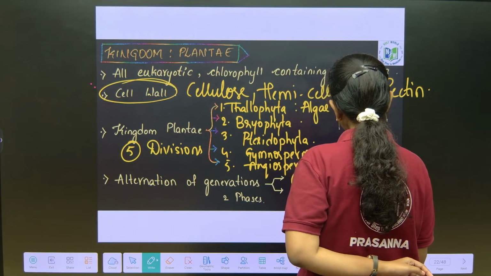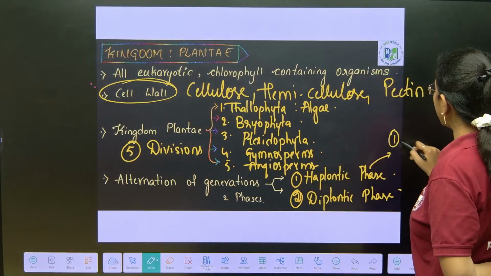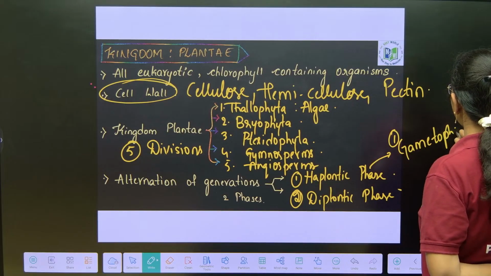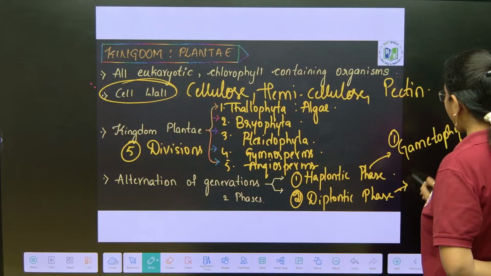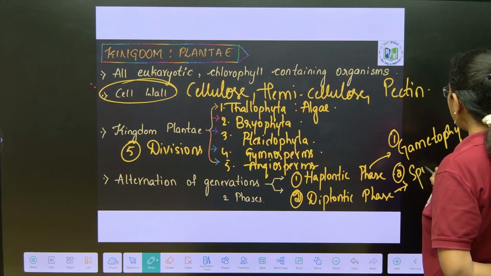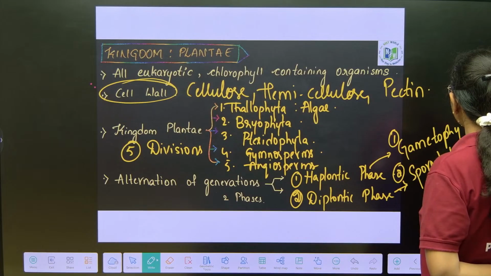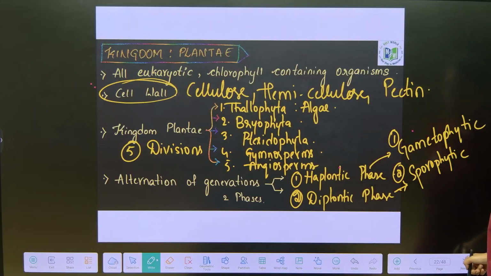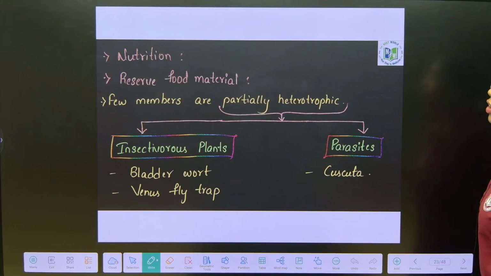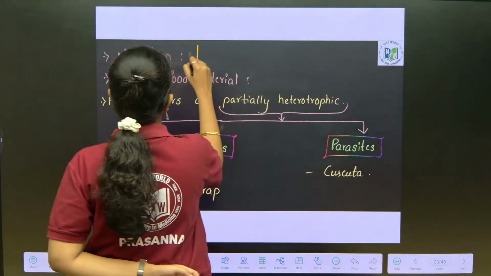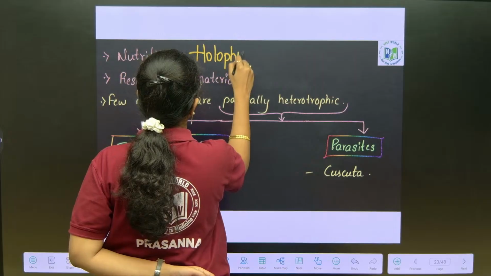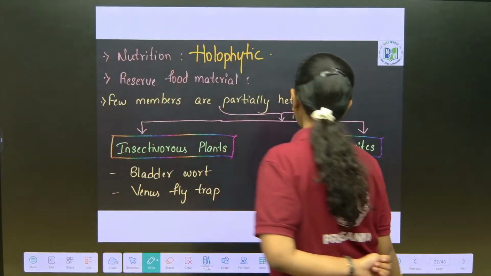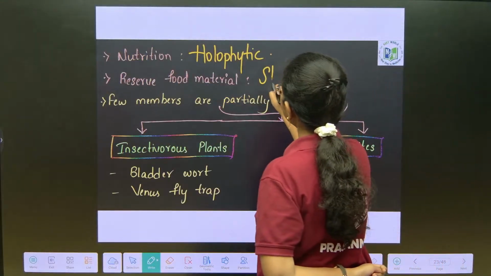Or you can say, in alternation of generations, one generation is the haploid gametophytic generation which is followed by the diploid sporophytic generation. Next, if you have to see nutrition, what mode of nutrition, ma? Holophytic nutrition. Reserve food material in plants is what? Starch. Starch is the reserve food material.